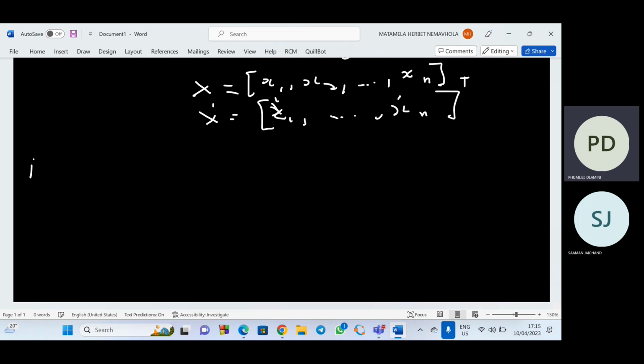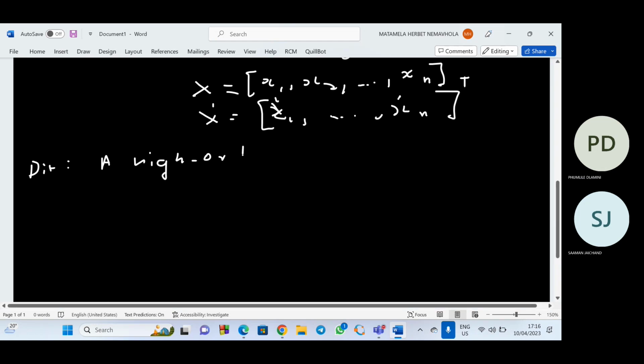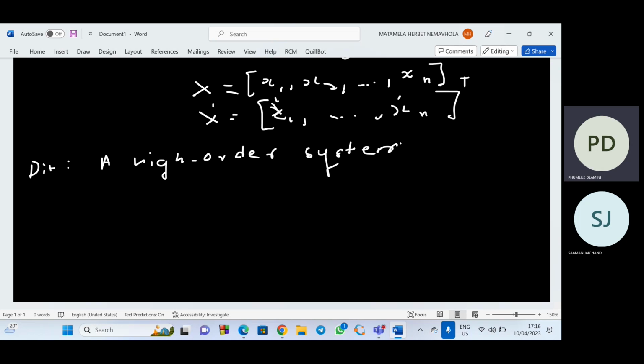The definition that I'm also going to state is the definition of a higher order system with constant coefficients, a system of the form whereby we can use P11 of D. This D here means differentiation.